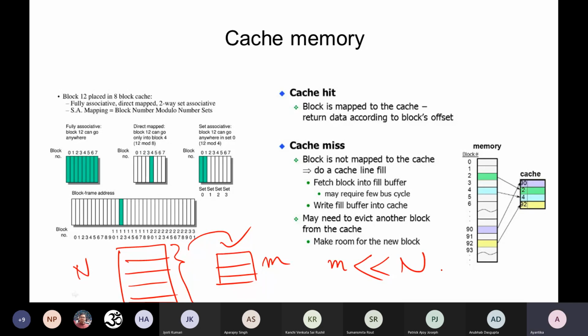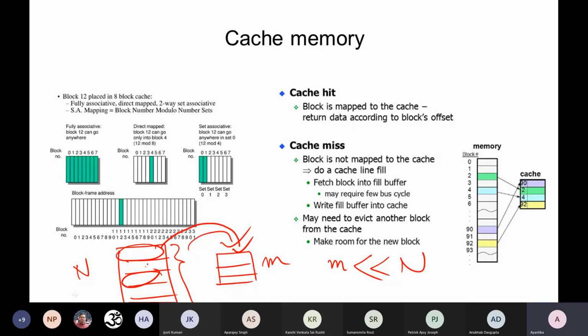Now to do so, you should have some algorithm that chooses which blocks you will bring to this smaller memory, and which blocks will be left back in the main memory.